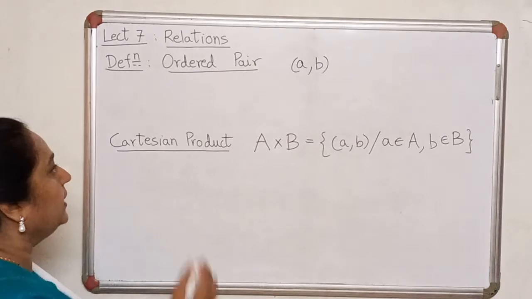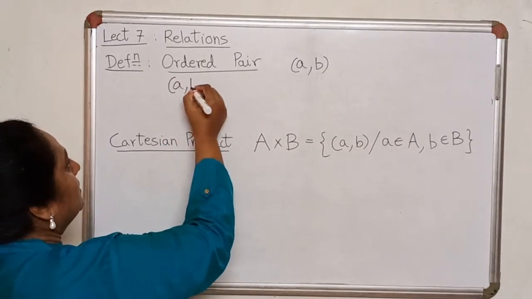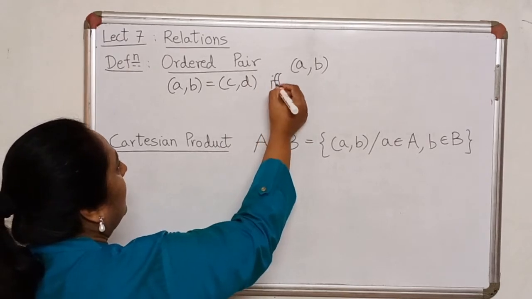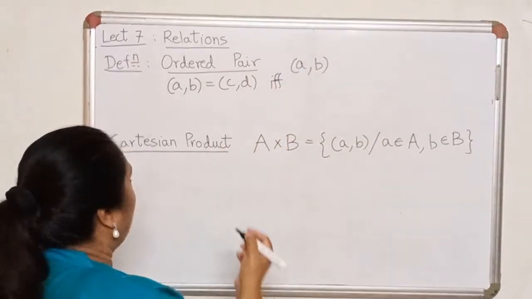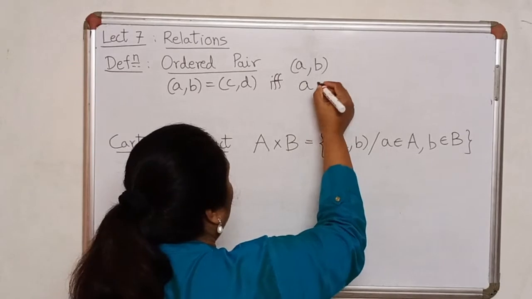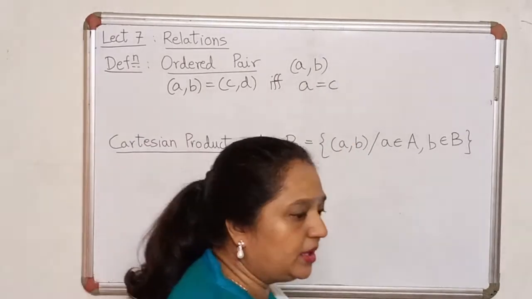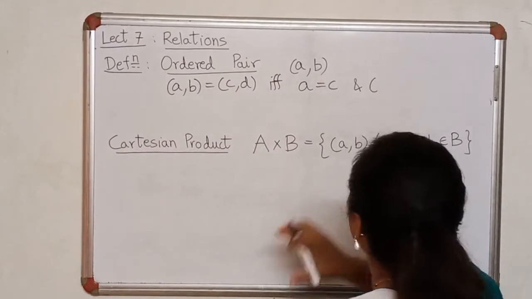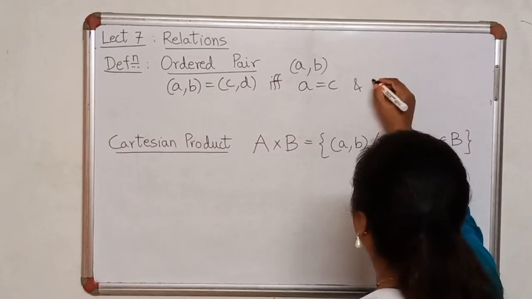And we say that two ordered pairs, (A, B) and (C, D), are equal if and only if, I'm sure you must have guessed by now, the first element is equal to the first and the second element is equal to the second element.